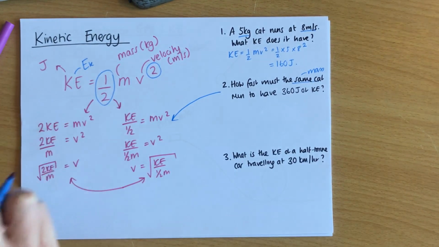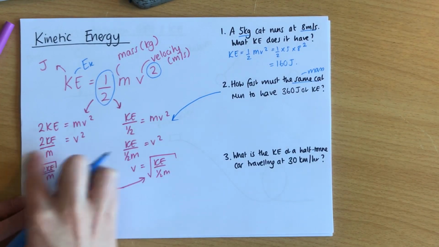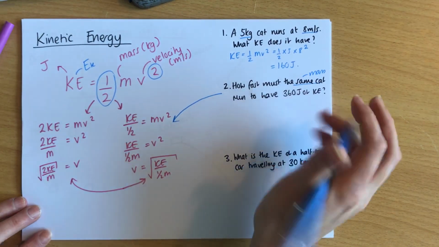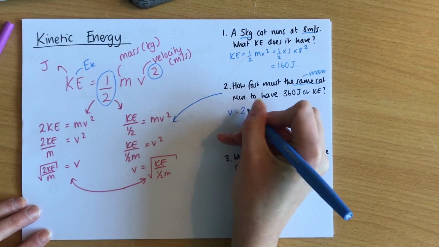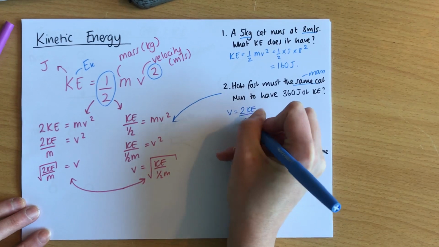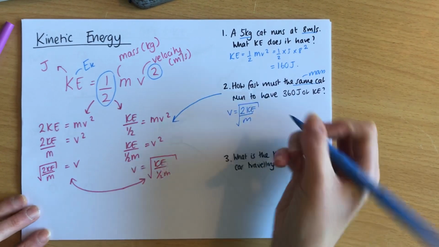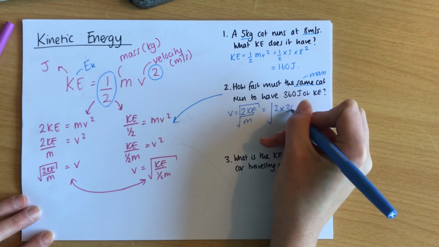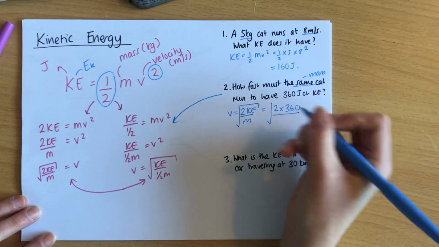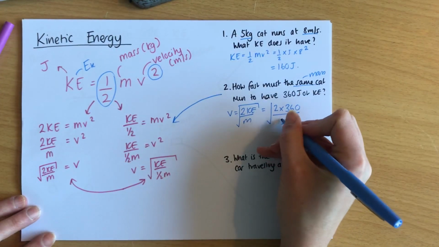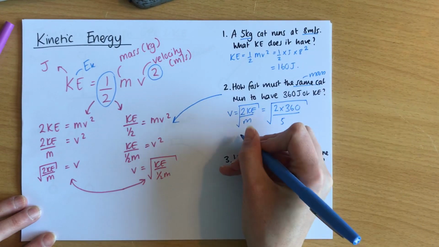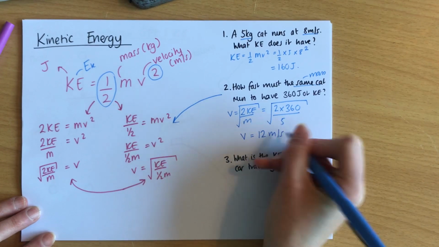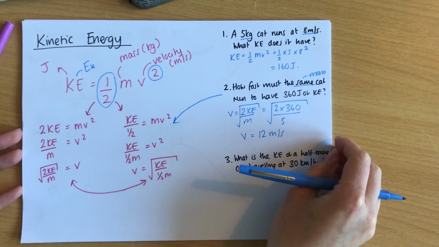I'm not going to now because I did it before, and I'm going to go for my usual version, this one here, and I'm going to write the equation down as v equals 2 times KE divided by m, all square rooted. So the speed equals 2 times the kinetic energy, 2 times 360, divided by the mass, which is from the first part of the question 5, all square rooted, and the velocity there would come out as 12 metres per second, which with common sense seems not terrible.